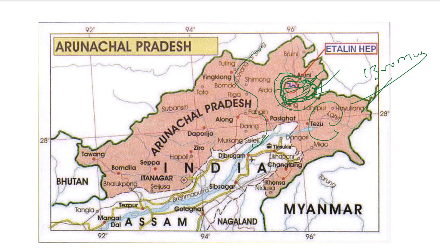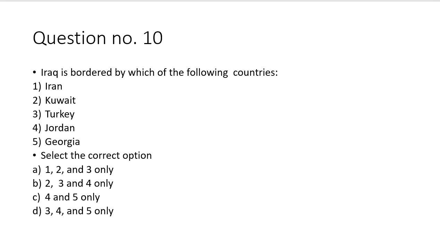That is the main concern here, and the government has ordered a further environment impact assessment of this project, right? So this is question number 9. Now next is question number 10 that we are discussing here.